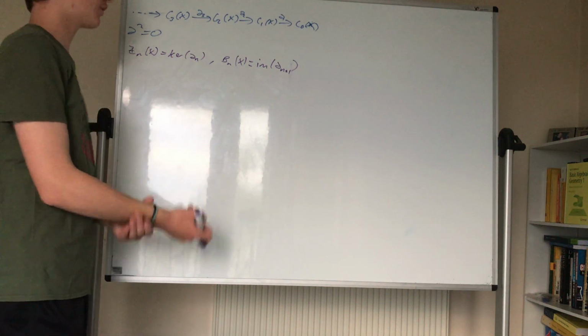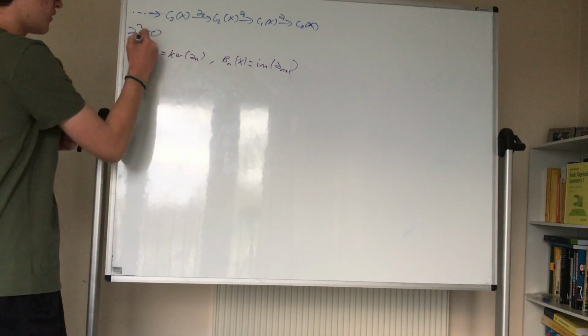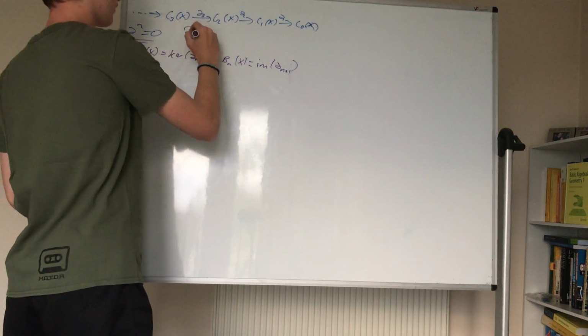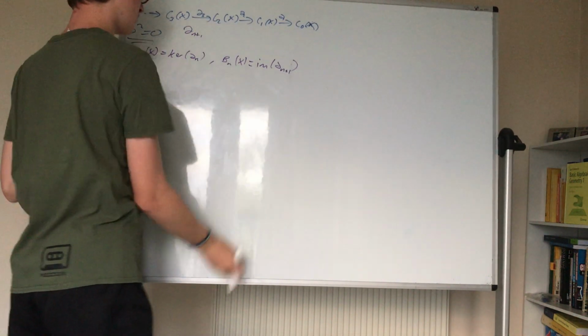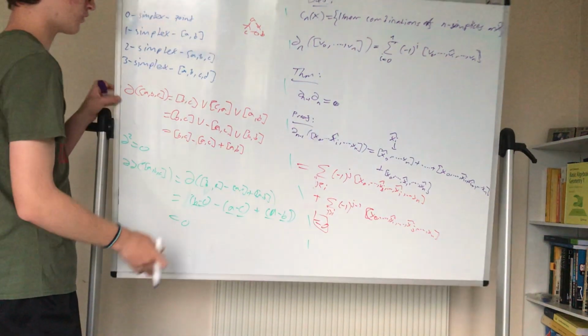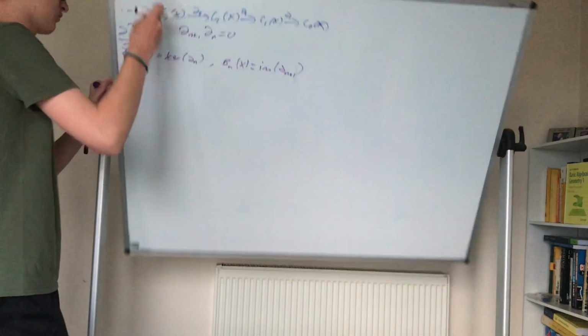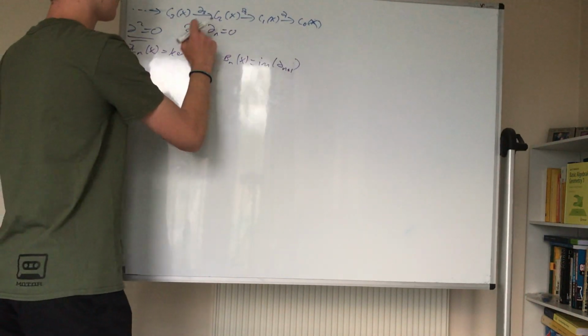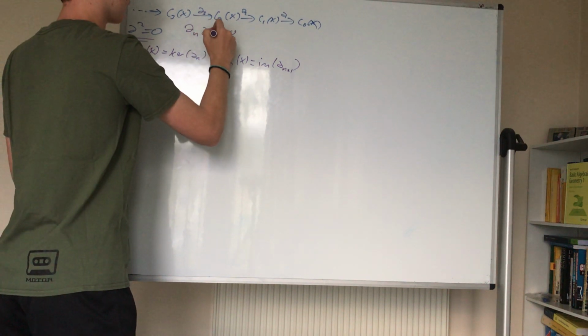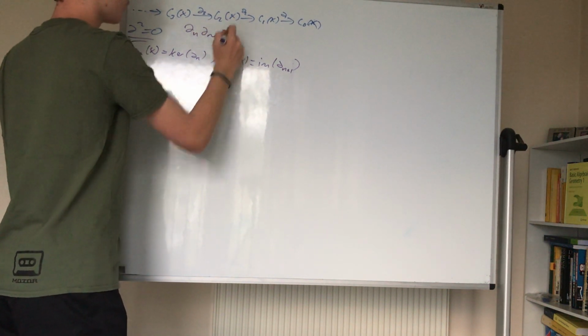And the reason that we introduced this notation is just so that it's neater to write out the homology group, because indeed, notice by this fact here, which I'll write out with precise indices, partial n partial n plus 1 equal to 0.